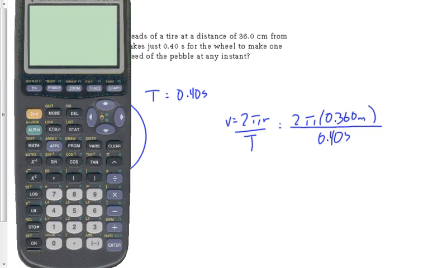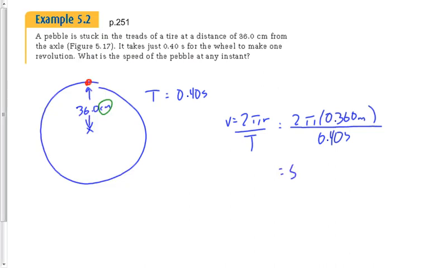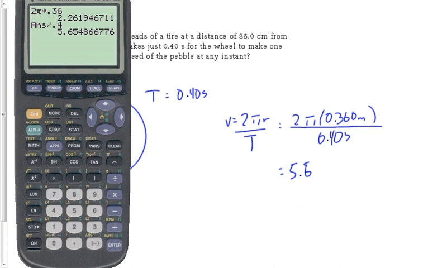So it's going to be 2 times pi, second function, button right there, times 0.36. Let's divide that by 0.4. Get 5.65 meters per second. Is that right? 5.65? Is that right?